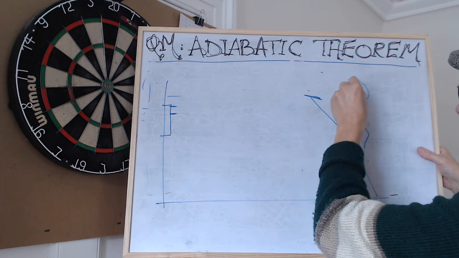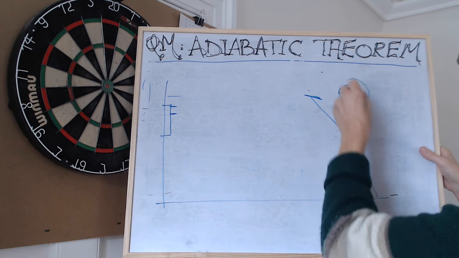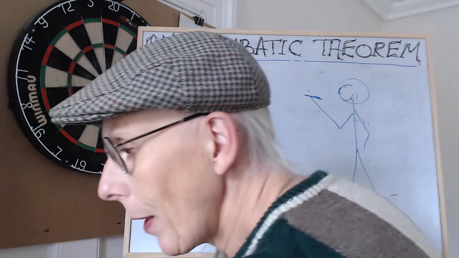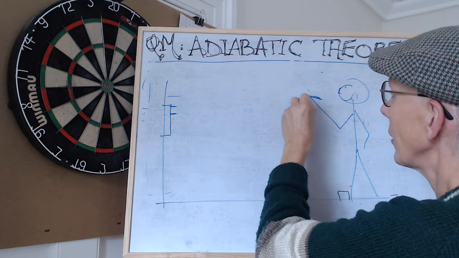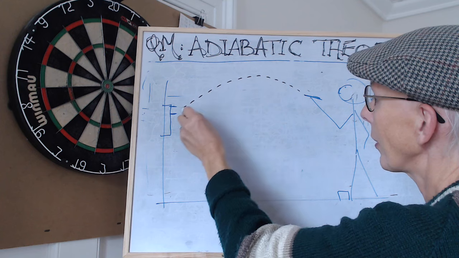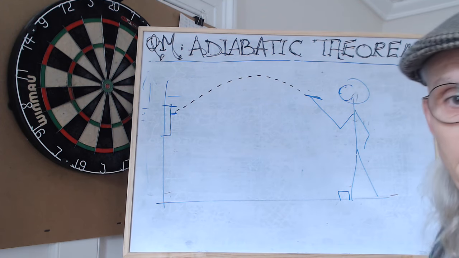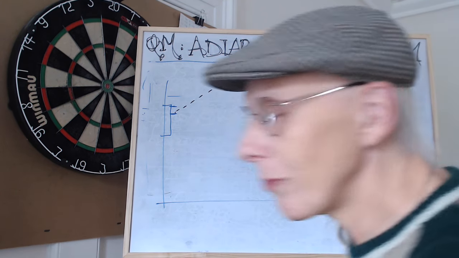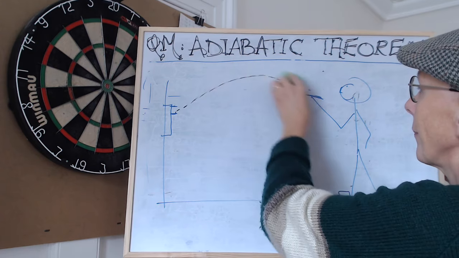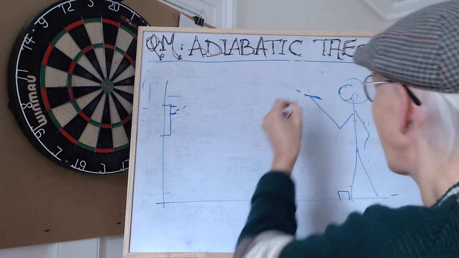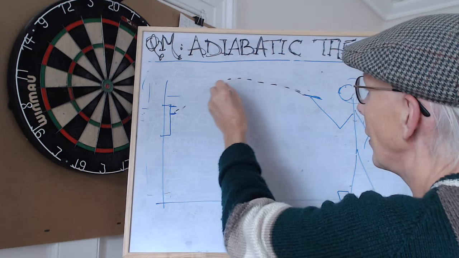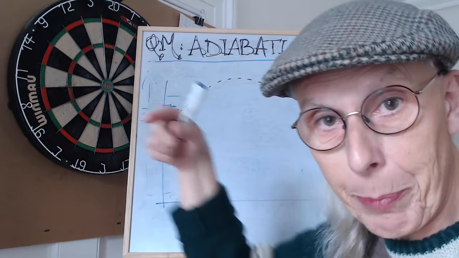They're happy because they like watching this channel. When they throw for treble 20, their dart's going to take a trajectory like this. Actually, that's a really bad picture. I want to do a whole series about projectiles and trajectories. It's actually going to be more like this. It's going to dip more towards the end because of damping.